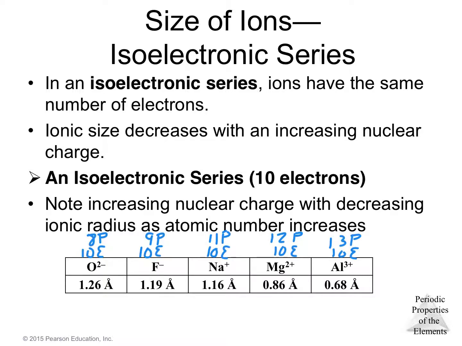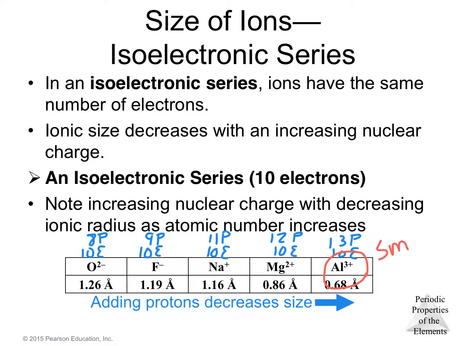It's based on the number of protons. Ionic size decreases with an increasing nuclear charge. So as you add protons, the size decreases. So in this example, aluminum with a charge of +3 is the smallest, and oxygen with a charge of -2 is the largest.